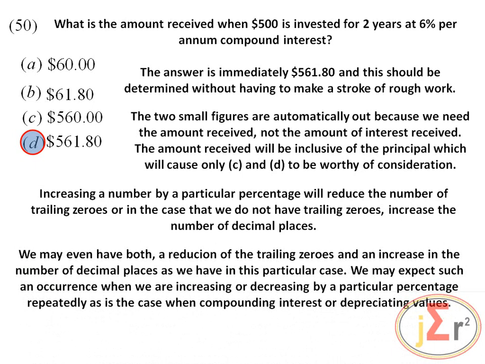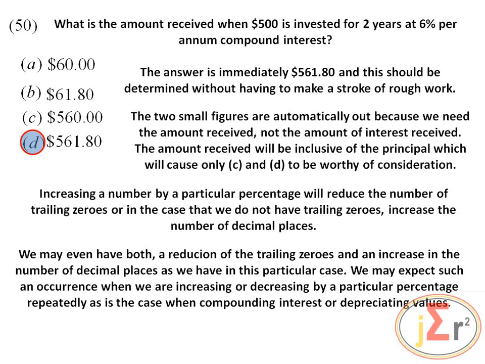We may expect such an occurrence when we are increasing or decreasing by a particular percentage repeatedly, as is the case when compounding interest or depreciating values. So we will expect an increase in the number of decimal places or a reduction in the number of trailing zeros, and no doubt, depending on the circumstances, we will have both of them.